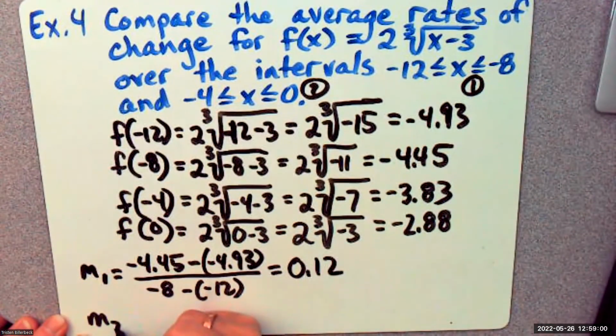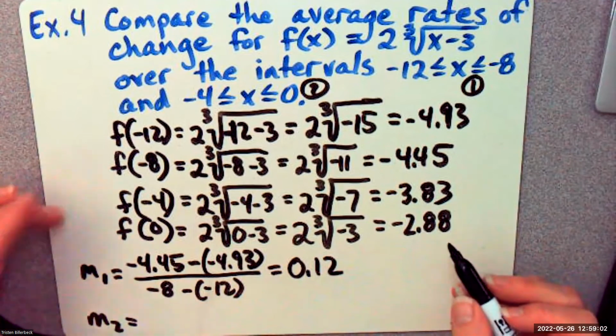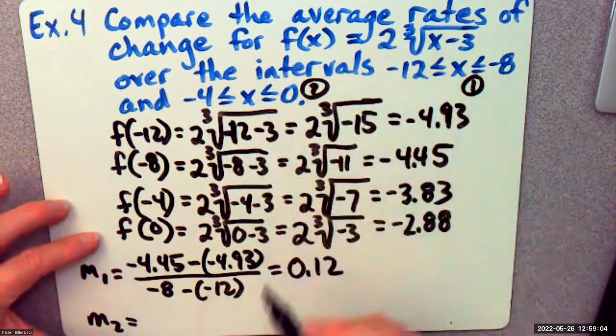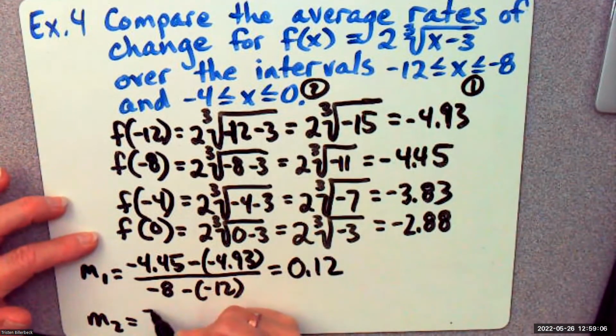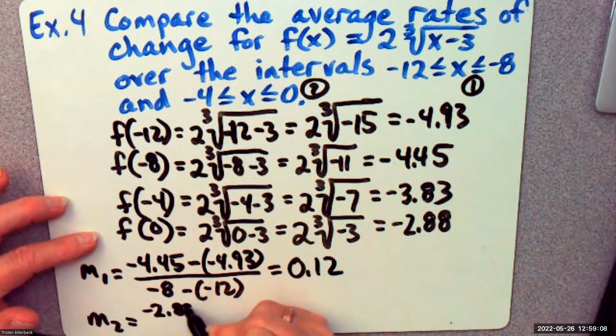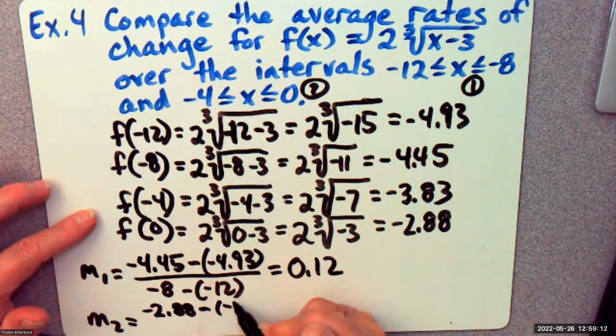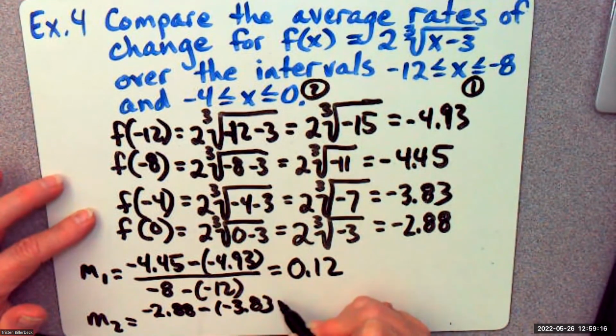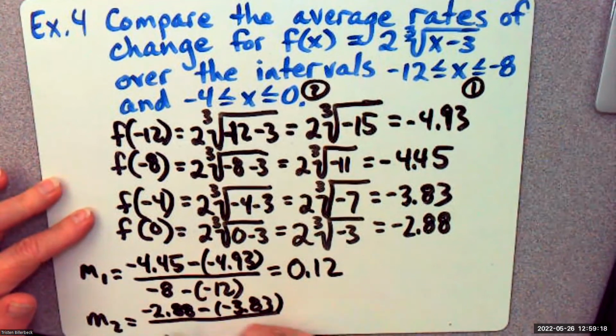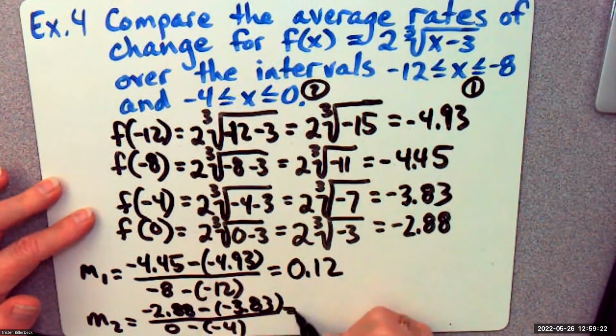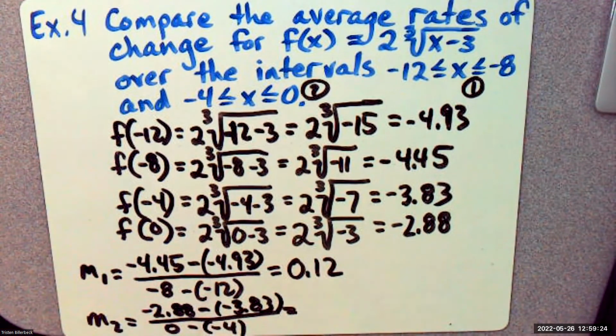And then M2, I start with the 0. So that's negative 2.88 minus a negative 3.83, over 0 minus a negative 4. So the intervals are equal. They're both 4 different.